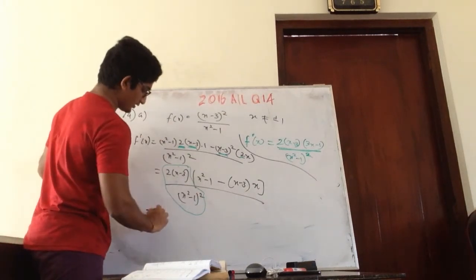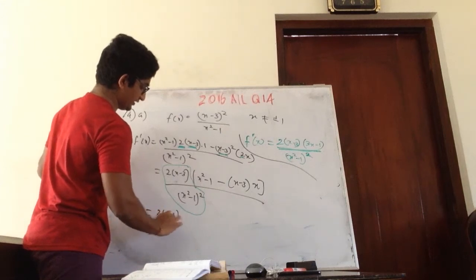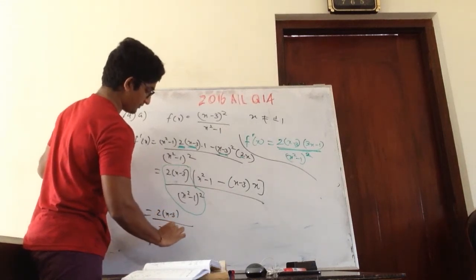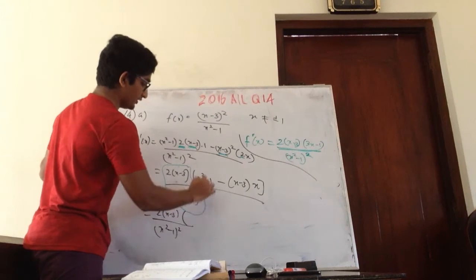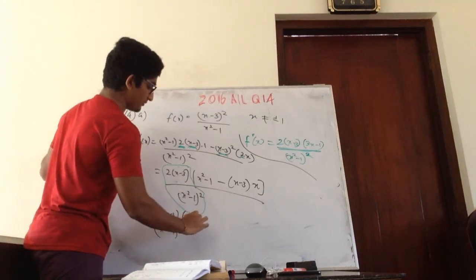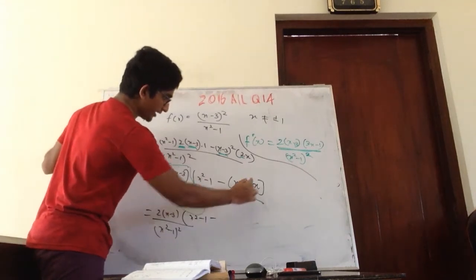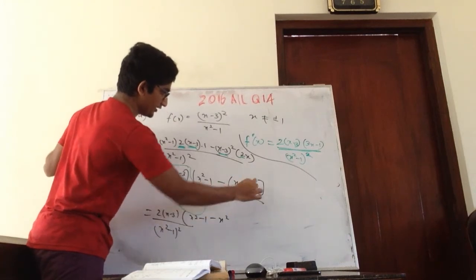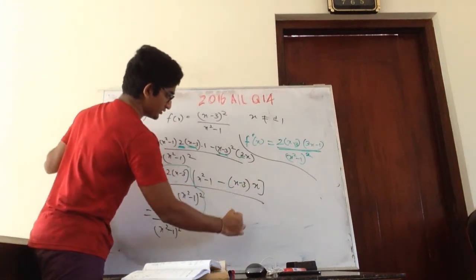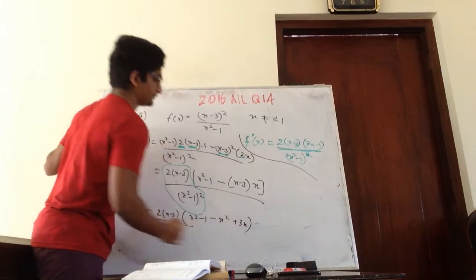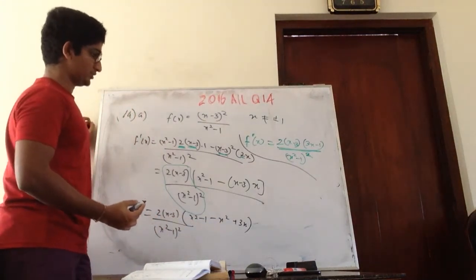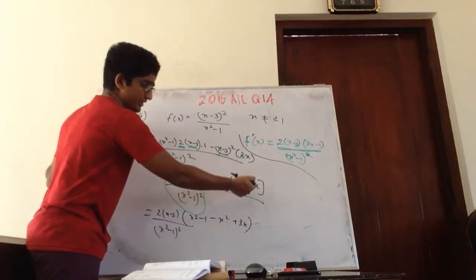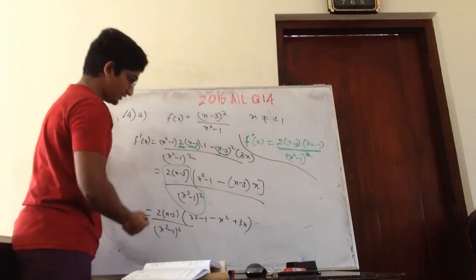So then I will get 2(x minus 3) over (x squared minus 1) squared. So this is going to be x squared minus 1 minus, so it is going to be x squared. Then x is going to be plus 3x. Correct, no? Minus into minus is going to be plus, plus into x is going to be plus 3x.